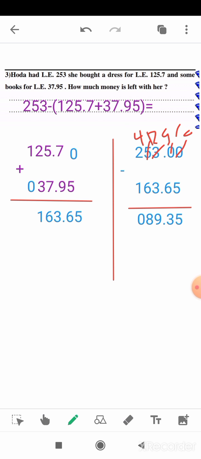Okay, so 4 minus 6 can't be, and we'll take 1 from 1 here, and it will be 14. 14 minus 6 equals 8, and 1 minus 1 equals 0.